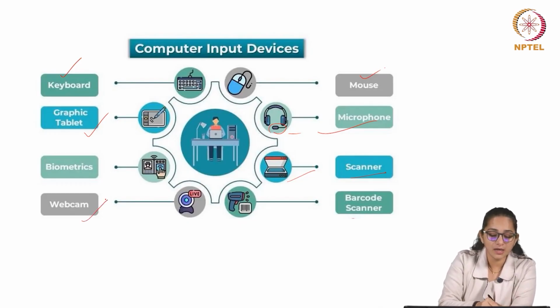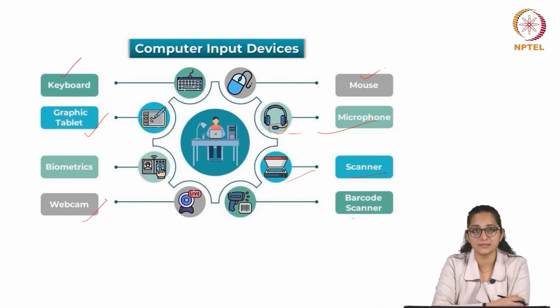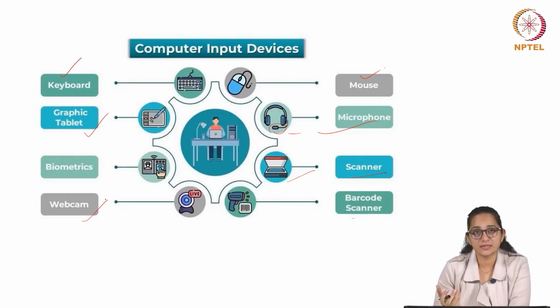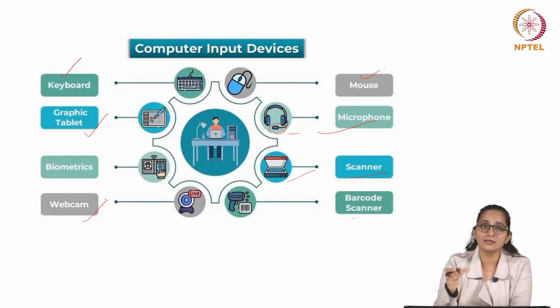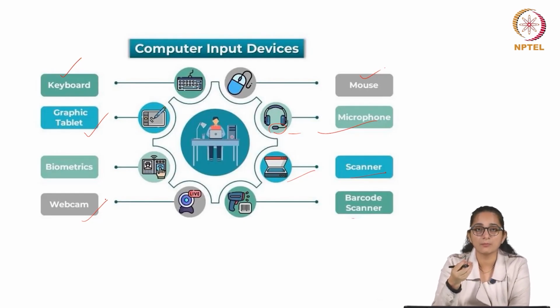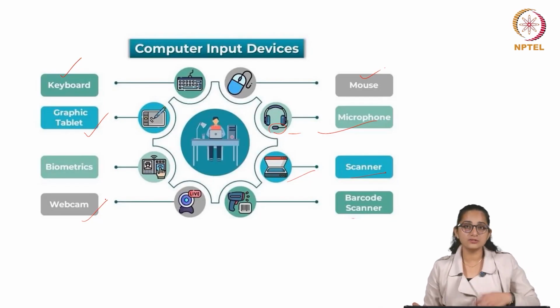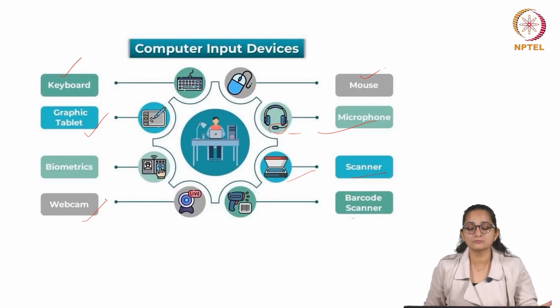There can be webcams which are basically camera based devices which capture live videos or help you in video recording. Then there can be other devices like barcode scanners, which are RF based scanners, and they help you in scanning barcodes and QRs in real time very quickly. So these are some of the traditionally known input devices.